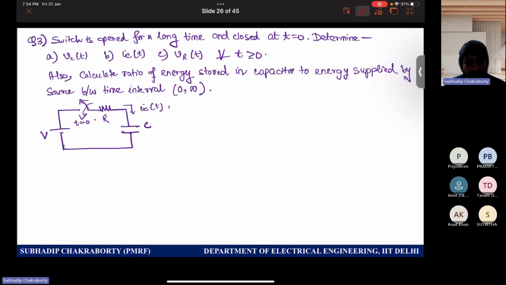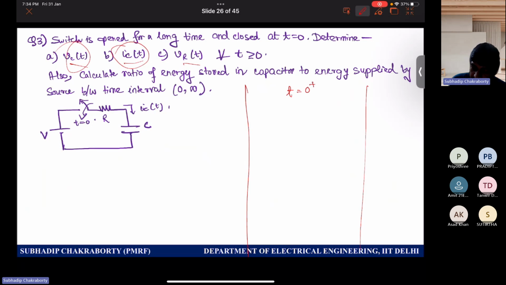The capacitor now. And then we'll jump to advanced problems, right? So do quickly. It should not take more than 2 minutes now. You can just determine VC, IC, VR. So you maybe do it and split into 3 parts: t equal to 0 plus, t equal to infinity, and t equal to 0 minus for the initial condition. Then model the initial condition and then the final steady state part.